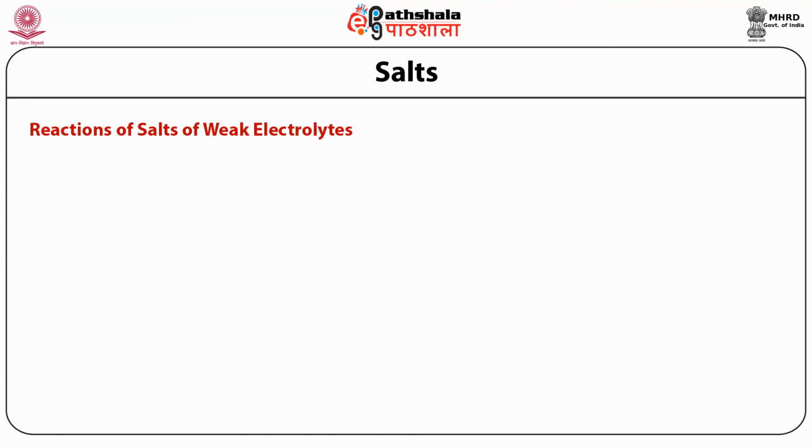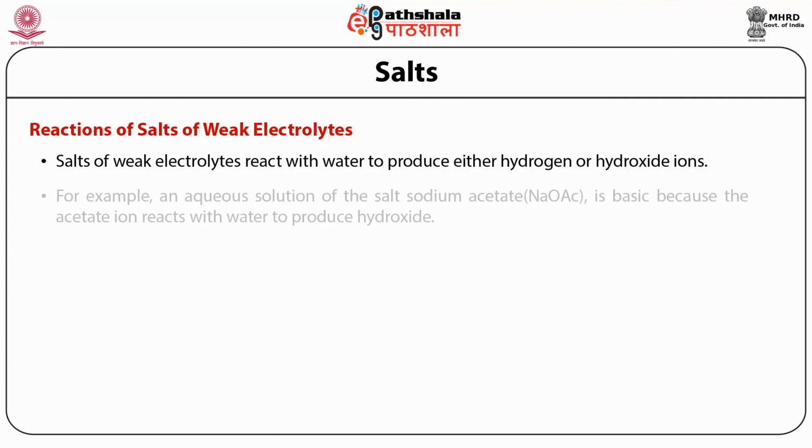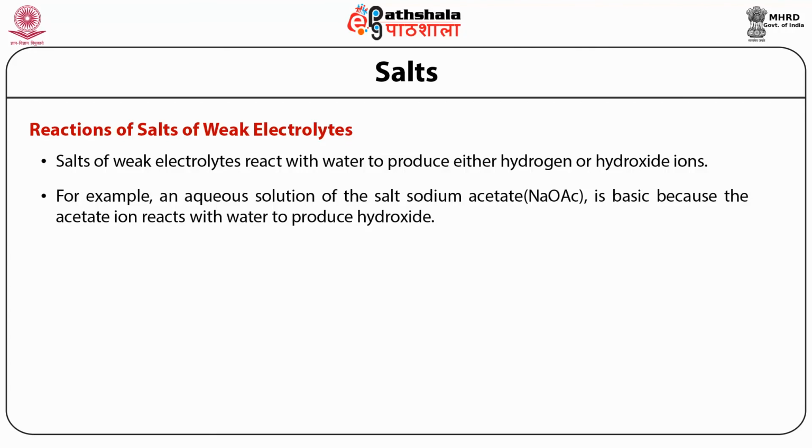Now the reactions of salts of weak electrolytes. The salts of weak electrolytes react with water to produce either hydronium or hydroxide ions. For example, an aqueous solution of the salt sodium acetate is basic because the acetate ion reacts with water to produce hydroxide ion, that is hydrolysis. It means the acetate ion reacts with water to form acetic acid plus OH- ion.